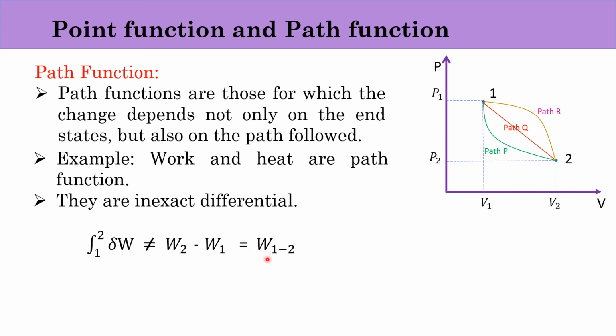So work is dependent on the path it follows. Again, the same is the case for heat transfer. Delta Q will not be equal to Q2 minus Q1. We have to write it as Q1 to 2. So we say that work and heat are path functions.